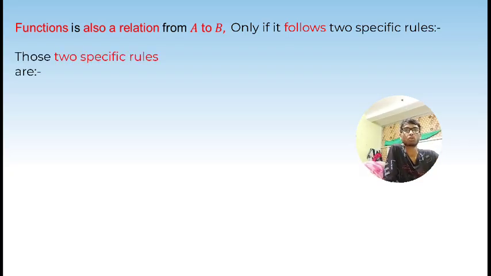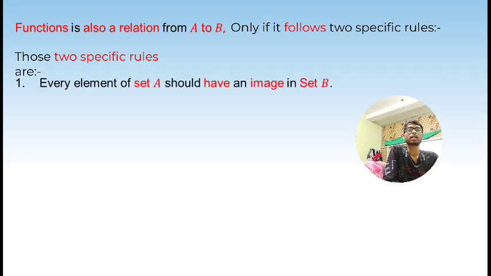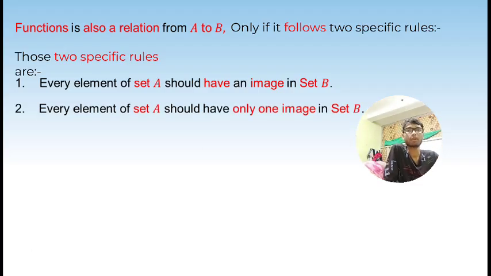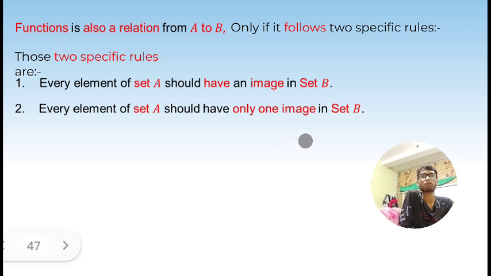Here those two specific rules are: every element of set A should have an image in set B. Every element of set A should have only one image.